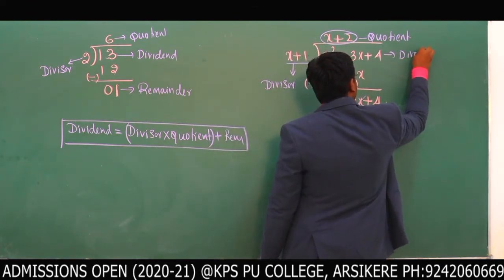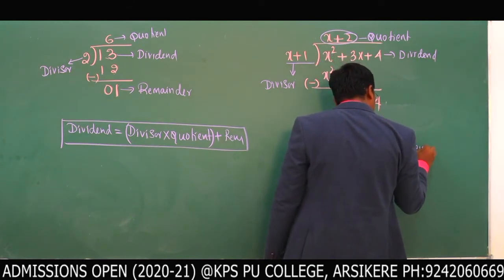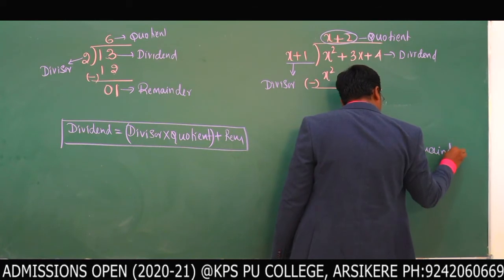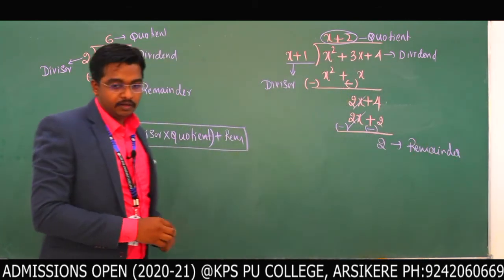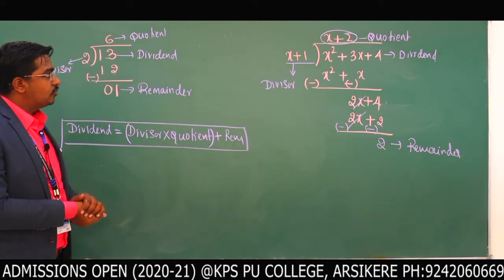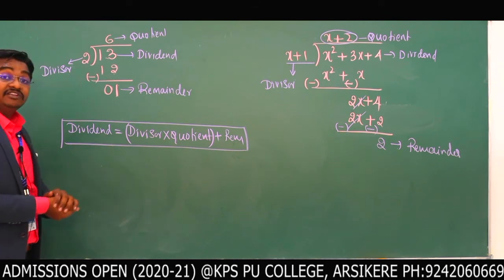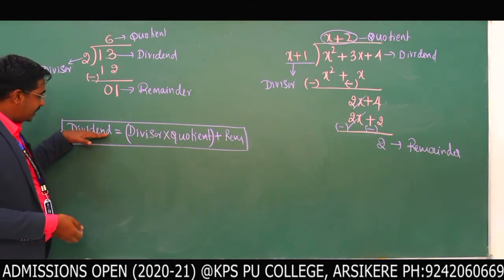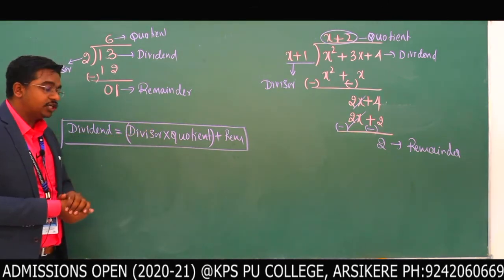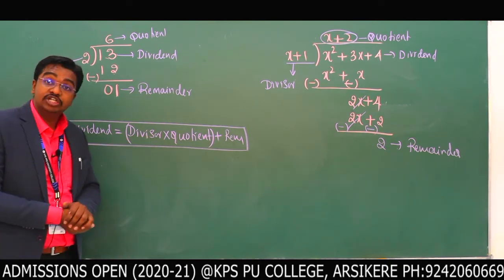This is called the remainder. So you can use the same terms: quotient, divisor, dividend and remainder. Apply the division algorithm theorem. So dividend is equal to divisor into quotient plus remainder.